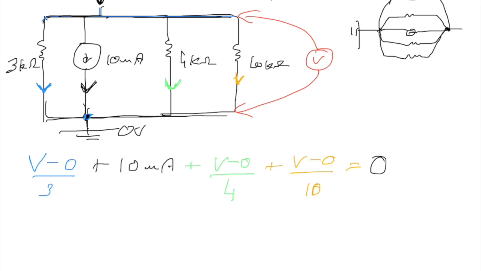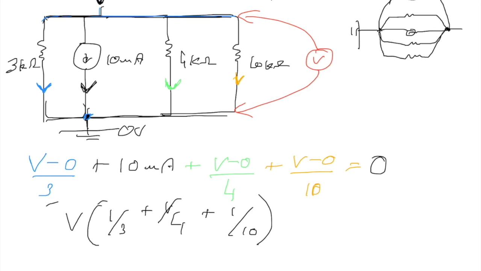In order to solve this, I'm just going to take V, which is common here. So V times 1 by 3 from this, 1 by 4 from this branch, plus 1 by 10 from the final branch. And if I move the 10 milliamperes to the other side, I get minus 10 milliamperes.